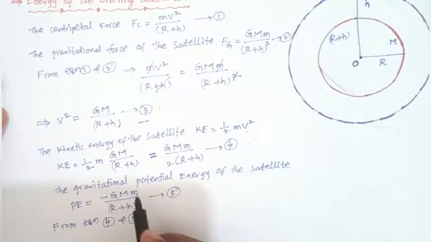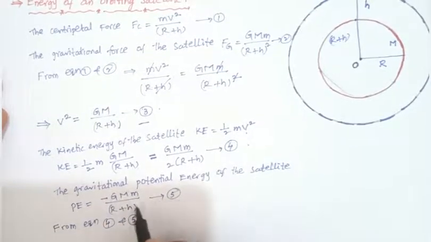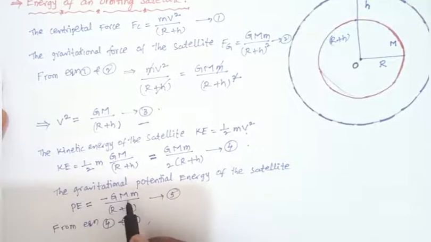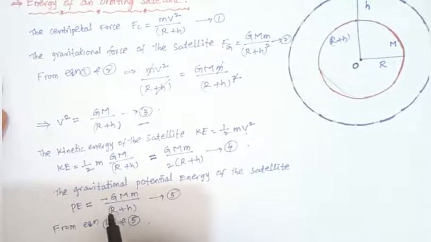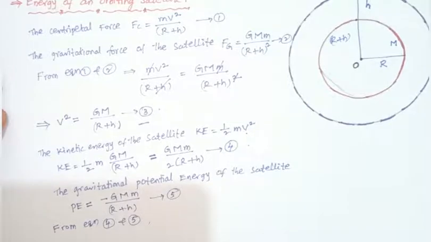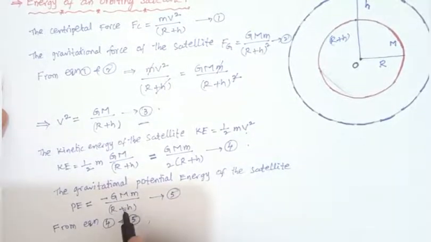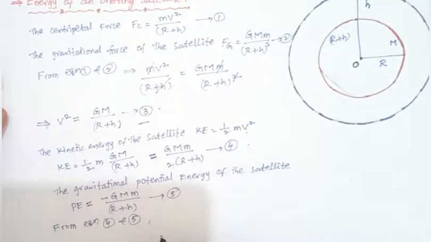But the potential energy is negative, PE equals minus G capital M small m by R plus h. So potential energy is negative and kinetic energy is positive.